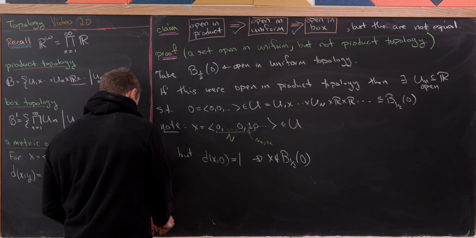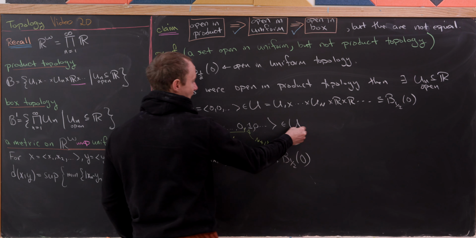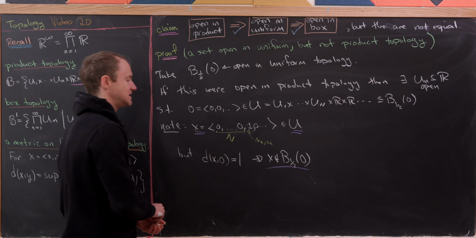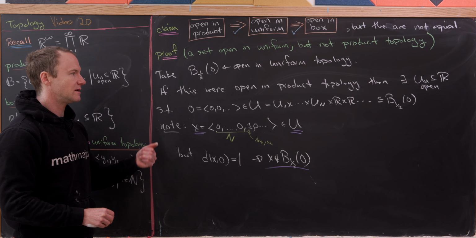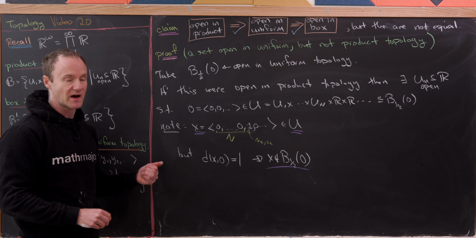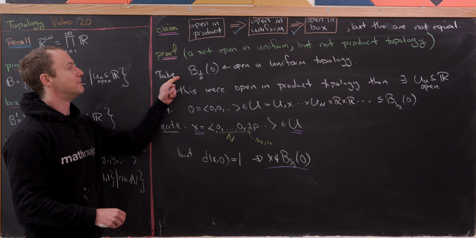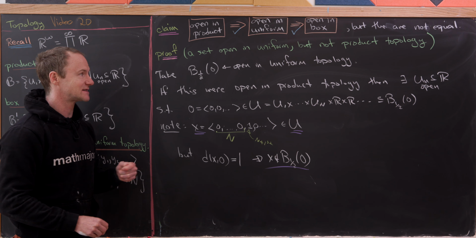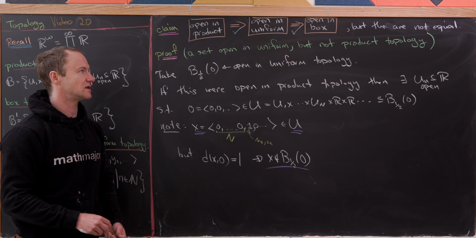So look at what we did. We found an x inside of our U where that x is not in the ball of radius half. But that means that it's impossible to find a basis open set contained within this set, meaning this set is not open in the product topology.